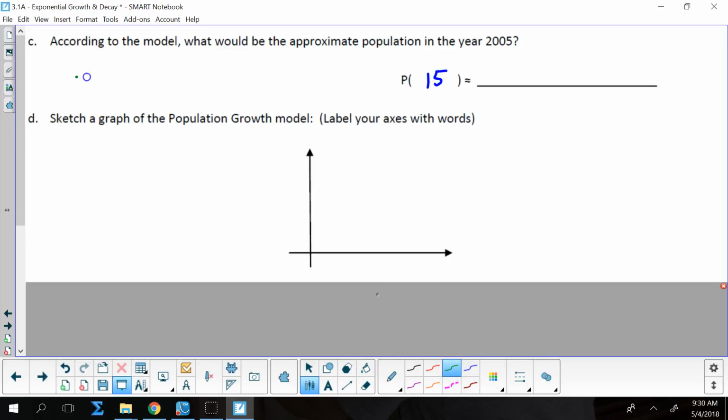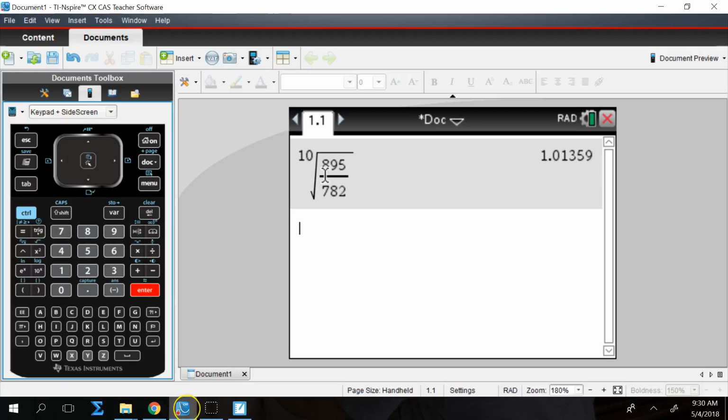So that would be 782 times 1.01359 to the 15th power. Let's just go like this, times my answer raised to the 15th power.